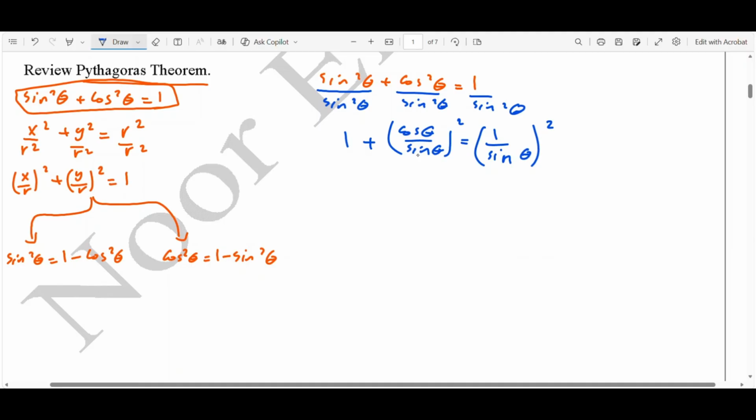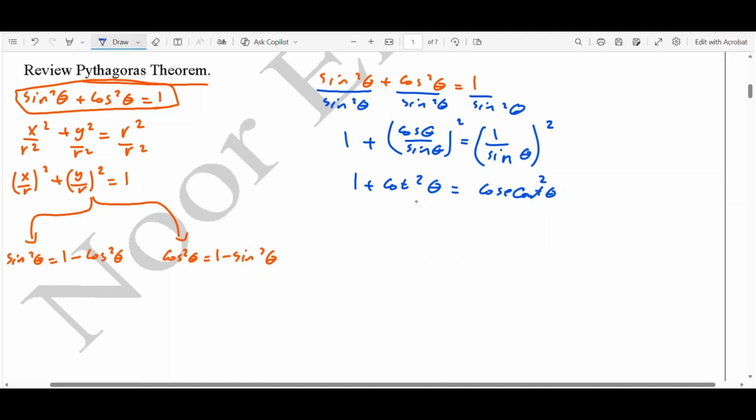Cosine over sine will be cot. So 1 plus cot squared theta equals 1 over sine, as we know, it's cosecant theta squared. So 1 plus cot squared equals cosecant squared.